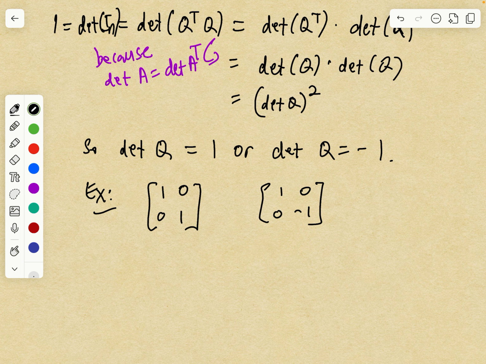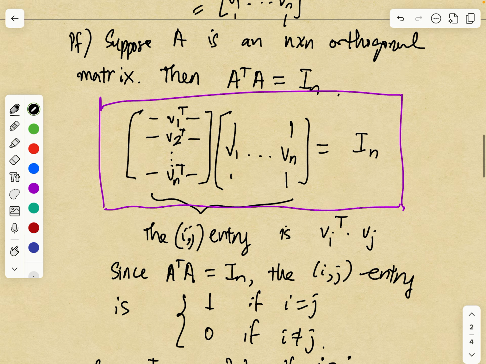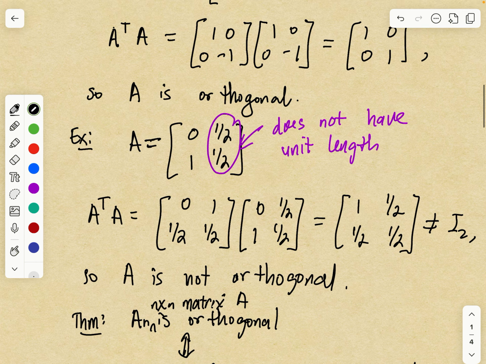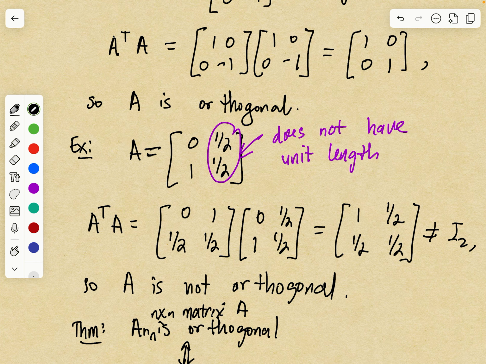So that's another quick way to tell if a matrix is not orthogonal. If the determinant is not 1 or negative 1, then the matrix is not orthogonal. So going back to the second example, if you calculate, the determinant is negative a half. So we actually found 3 ways of showing that this matrix is not orthogonal.